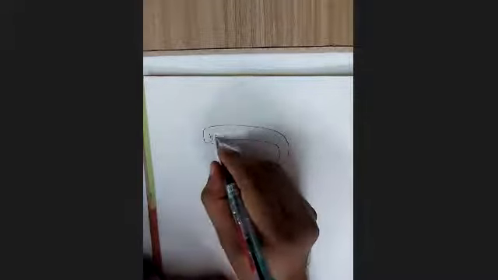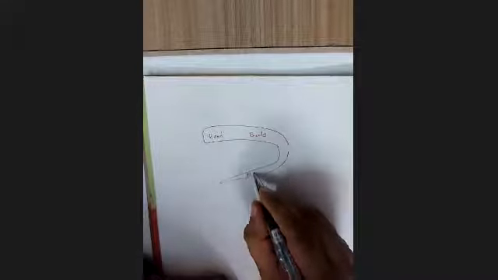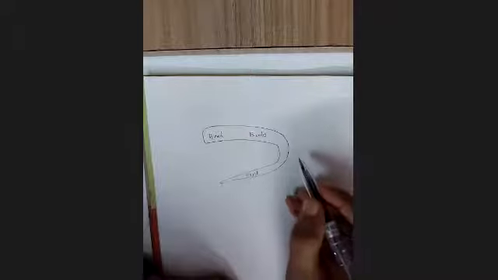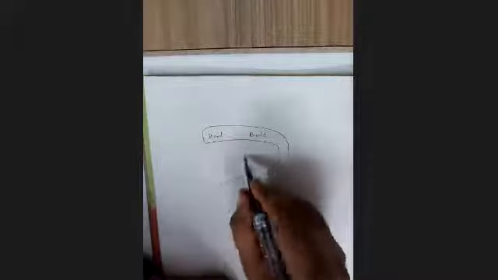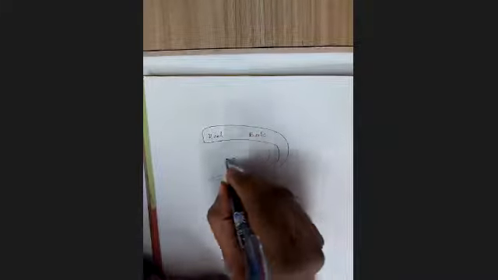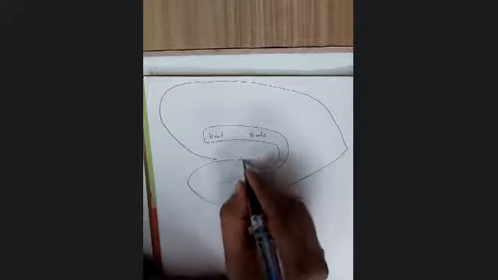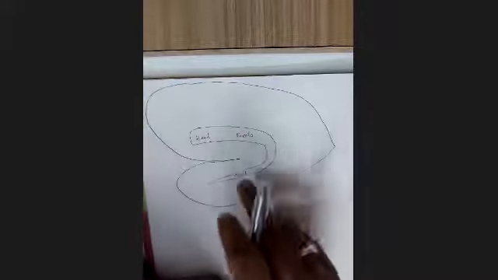It has a head, body, and tail. Okay, so this is the cerebrum and the caudate nucleus is there inside like this.